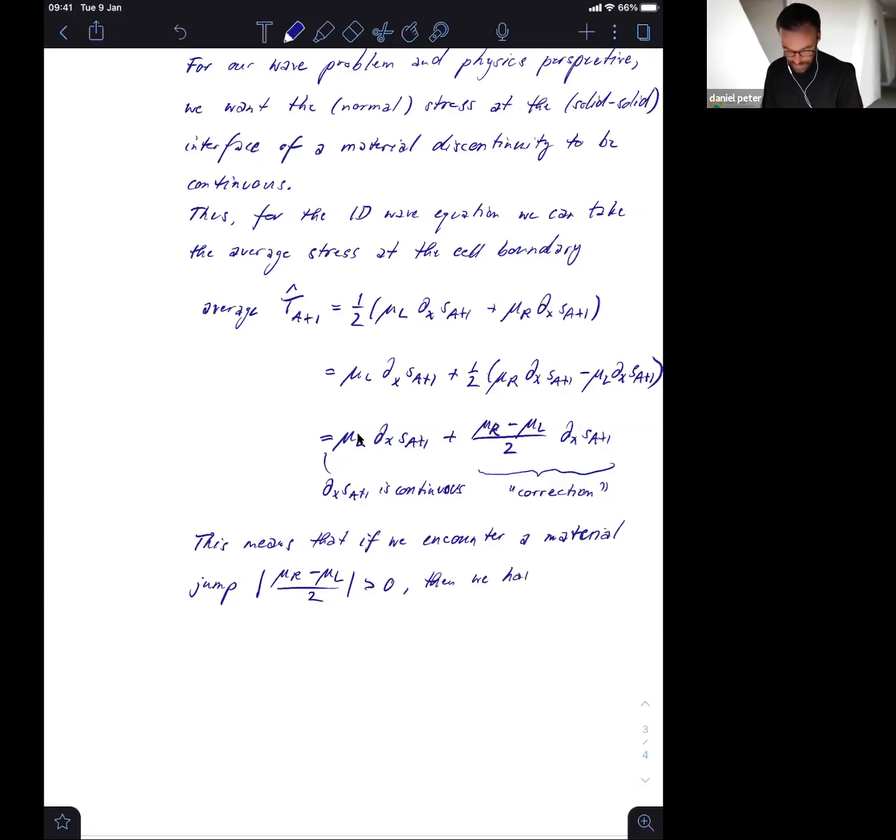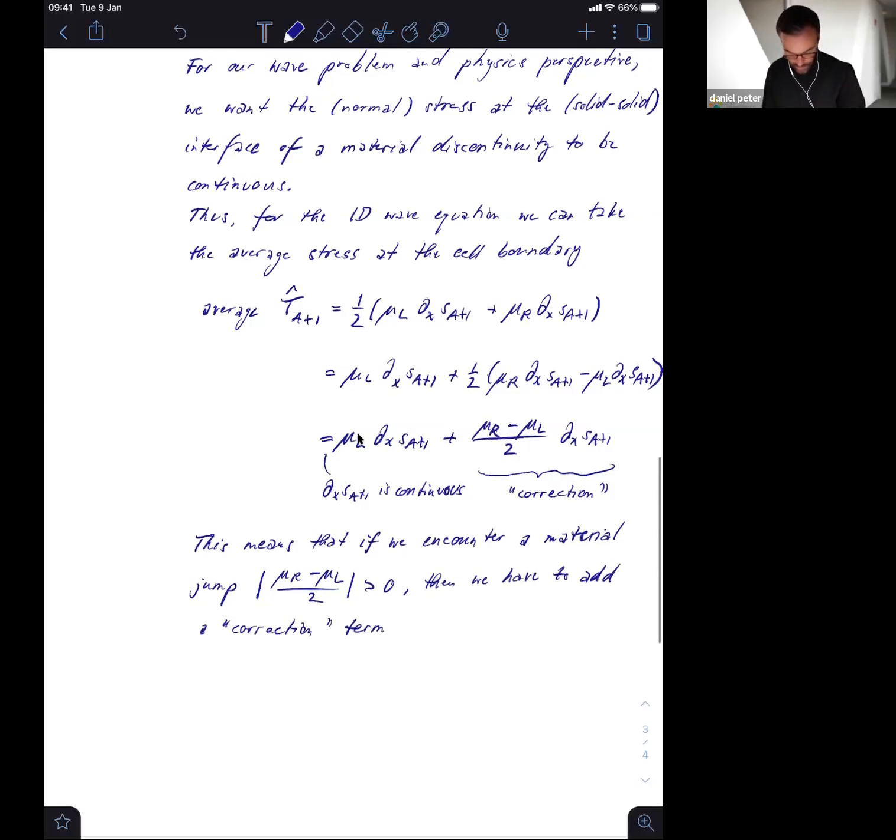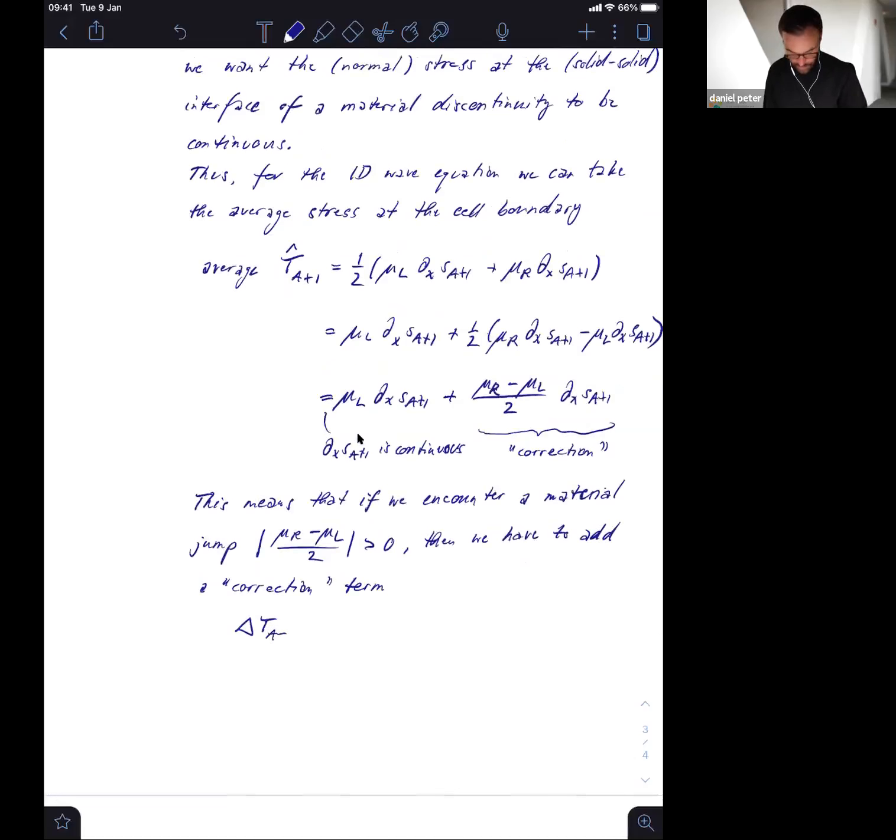Then we have to add a correction term, which is basically our stress difference at that boundary, which we can write as the difference between the materials divided by 2, and then taking the strain at that position.